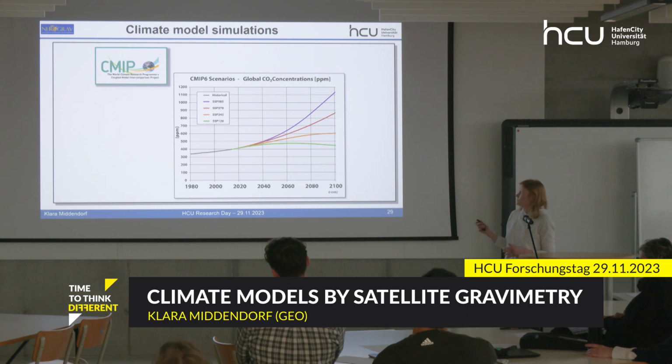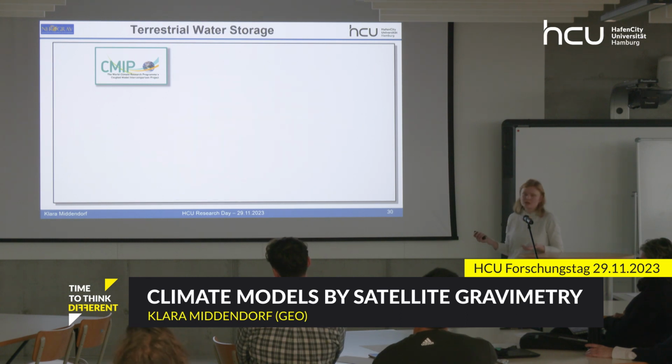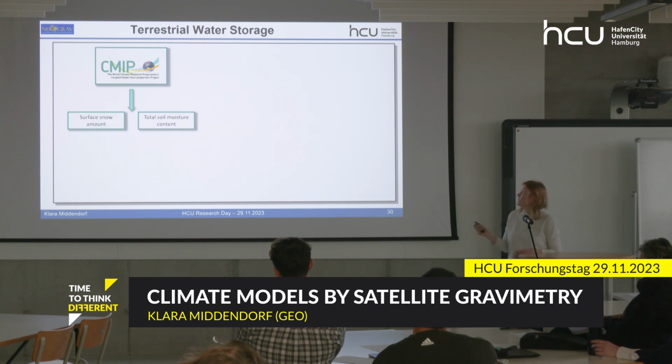And the climate model simulations have many different variables as output, and I'm particularly interested in variables that are referencing the terrestrial water storage. If we combine these variables, we get the model terrestrial water storage.